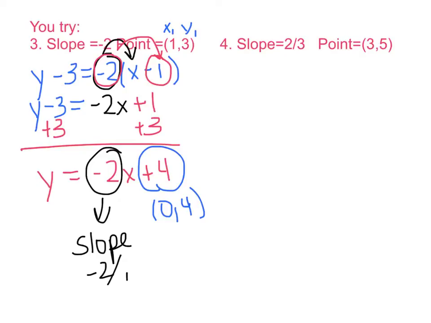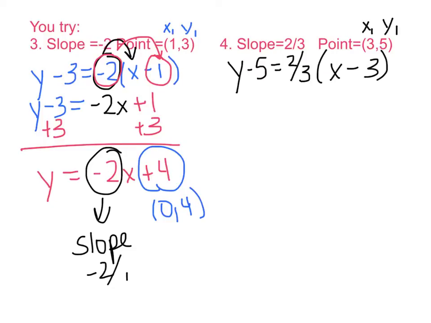Let's try the next one. You have x1, y1. So you're going to have y minus 5 equals 2/3 times x minus 3. So we want to distribute 2/3 to x. So that's going to give you y minus 5 equals 2/3 x.